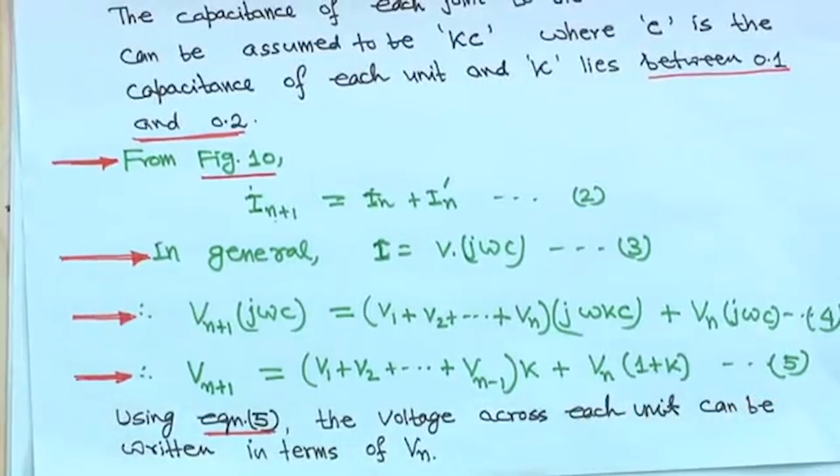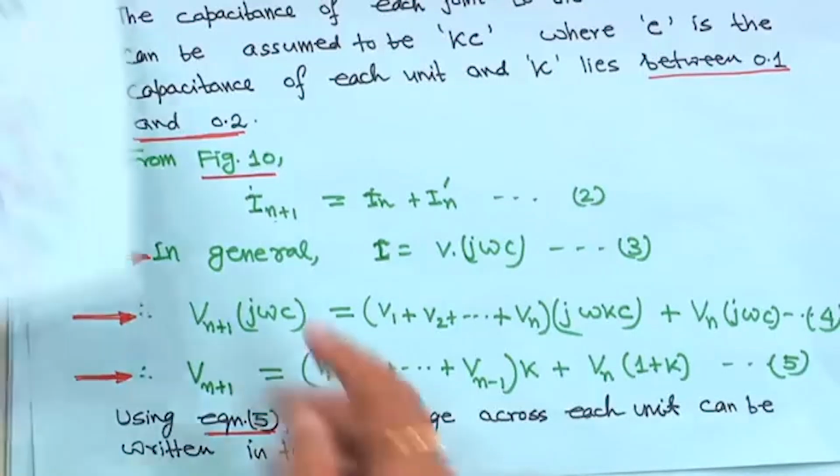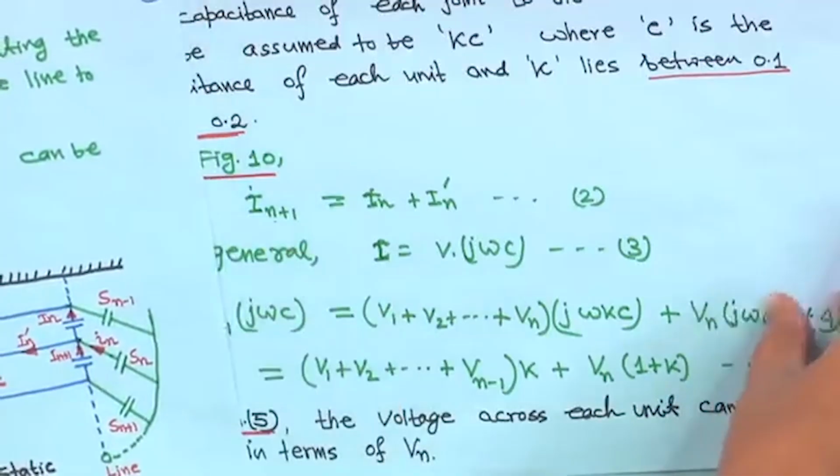This is equation 5. So, with equation 5, the voltage across each unit can be written in terms of Vn.